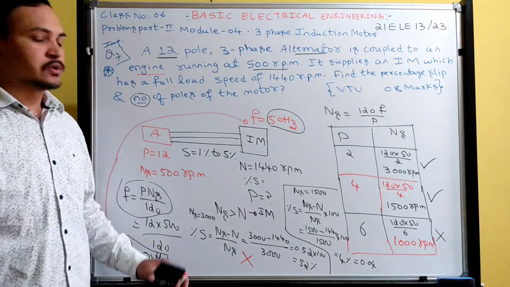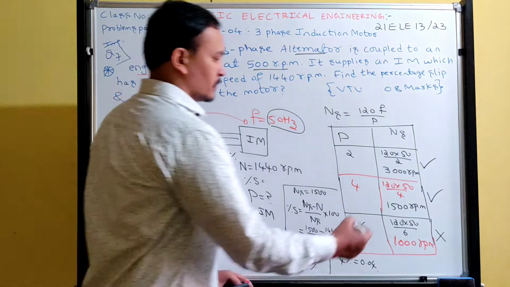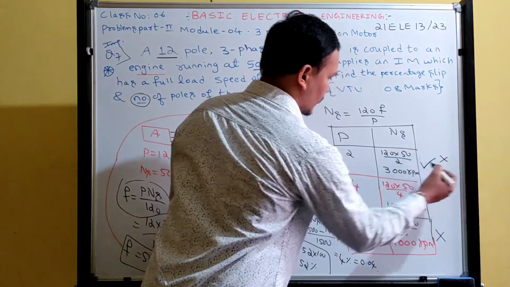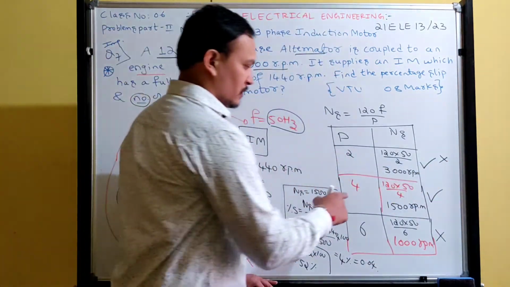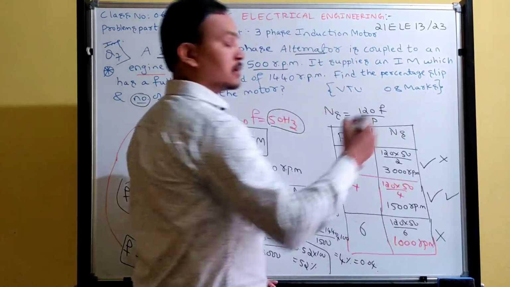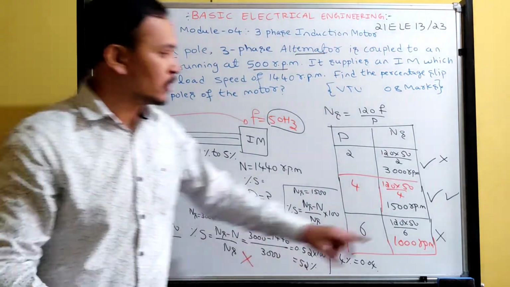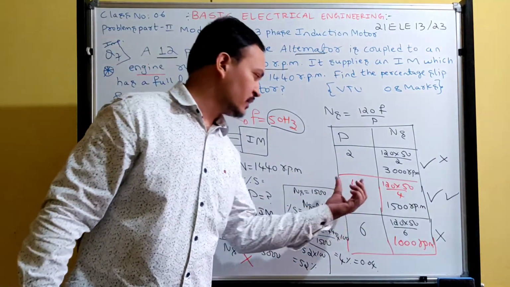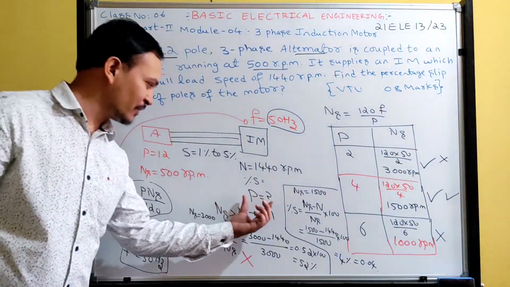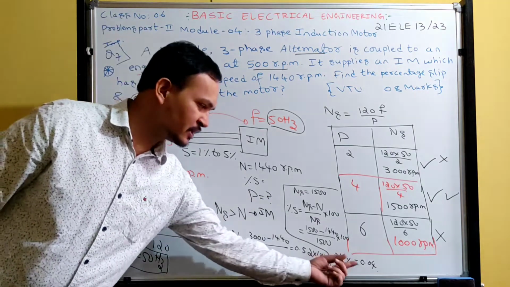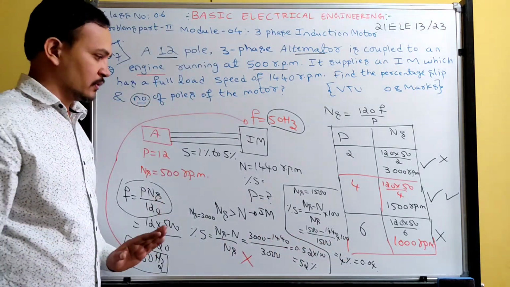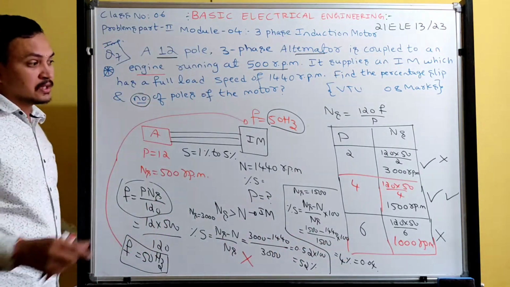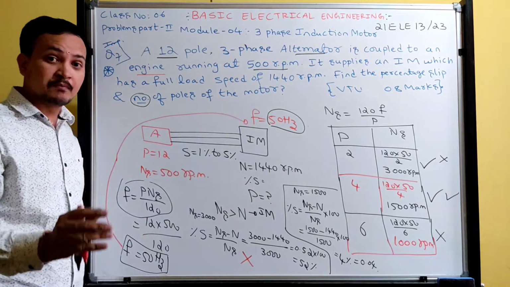Okay. Understood, guys? Then finally, see, slip condition is not satisfied with 2 poles. With 4 poles, slip condition is also satisfied. So both speed condition and slip condition are satisfied. Therefore, the selected number of poles is 4 and selected percentage slip is 0.04. Got it, guys? See, this type of problems are very important.